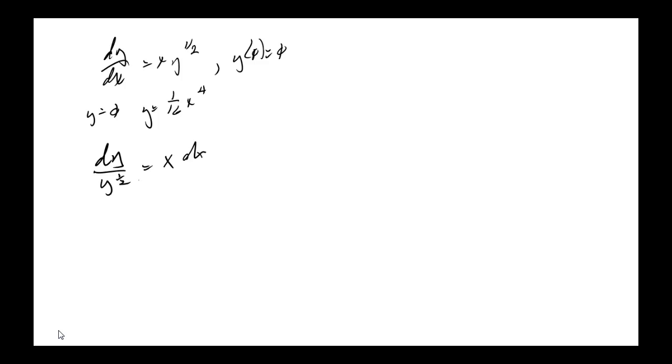indicate the time. So anyway, here is what we have for our separation of variables in this equation. Now, in order to do this, I think I prefer to write this as y to the minus 1/2 dy is equal to x dx. Okay.